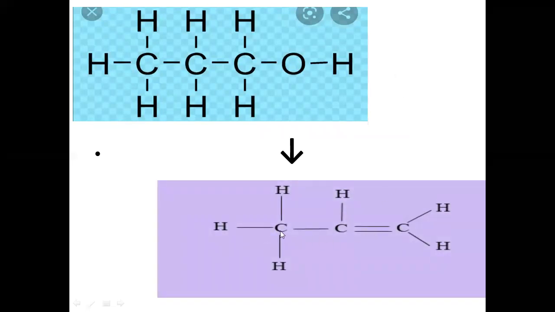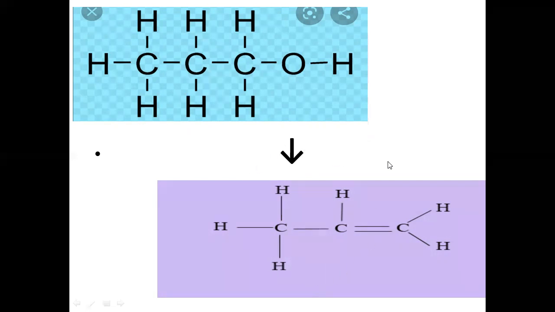The rest of the group is the same, but hydrogen from this carbon atom and hydroxyl from that carbon atom, OH from carbon number 1 and hydrogen from carbon number 2, are eliminated in the form of water, and these 2 carbon atoms will in turn form a double bond.